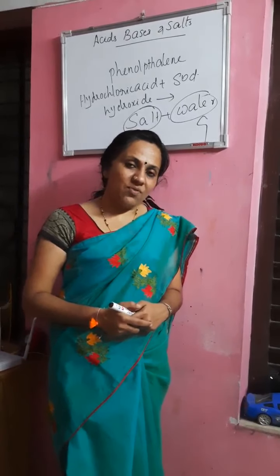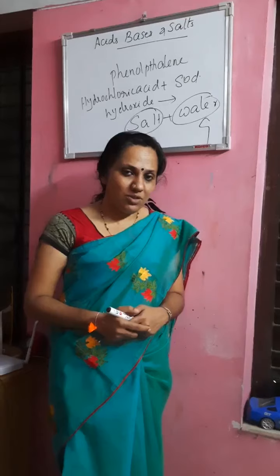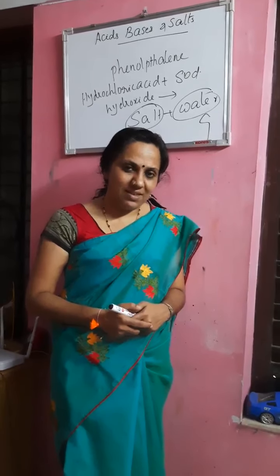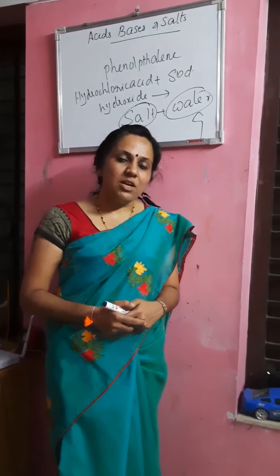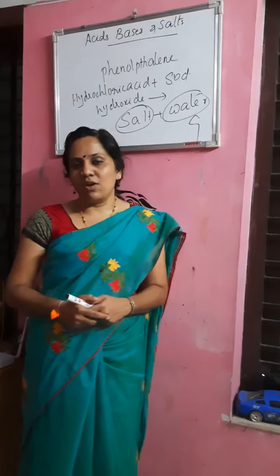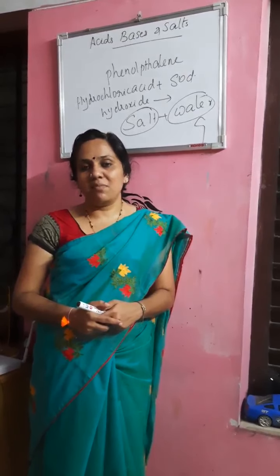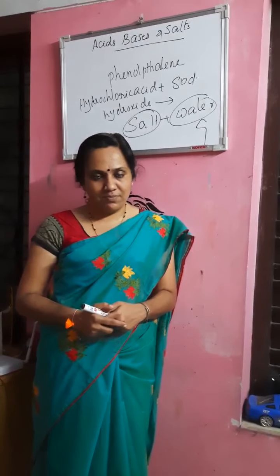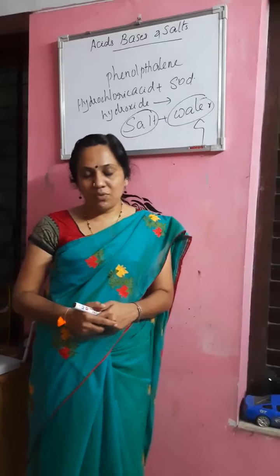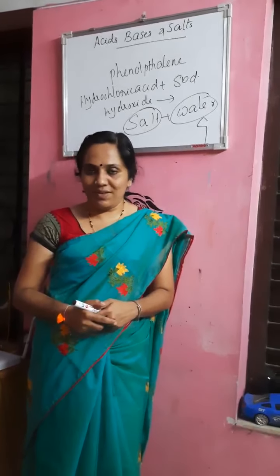The property of that acid is nullified with the help of the base added. So the neutralization reaction takes place and the waste is disposed into water. So it is not acidic, it is neutral, and it is not basic. In both acidic and basic conditions, the plants and animals will not be able to survive in water. So there also we are using the process of neutralization to dispose of the waste.